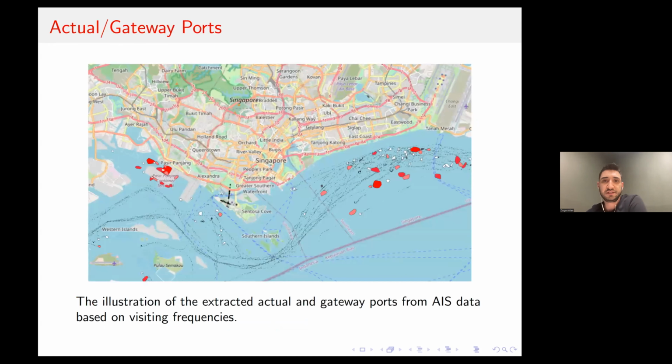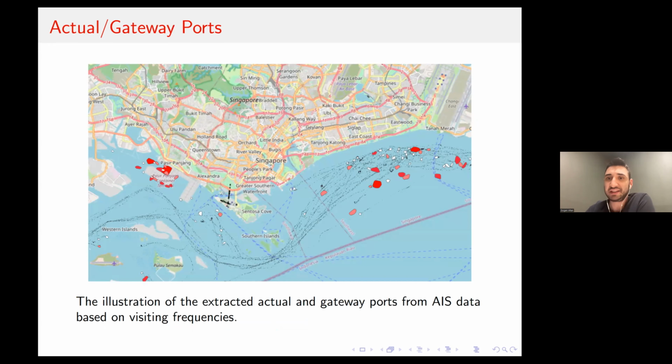In this figure, we see a port region in Singapore. We see some colored polygons on the figure. These polygons are the results of clustering of the actual vessel data conducted by the DBSCAN algorithm.